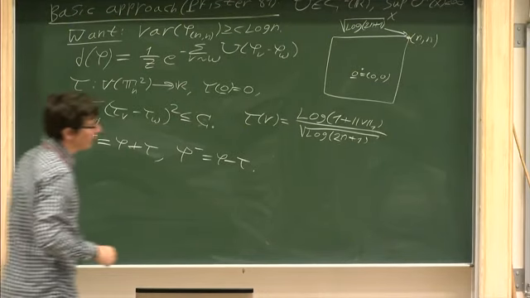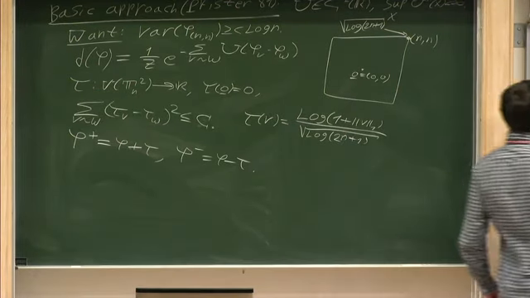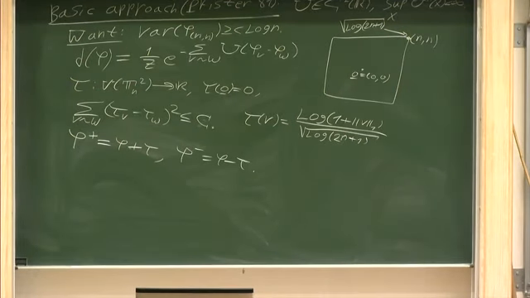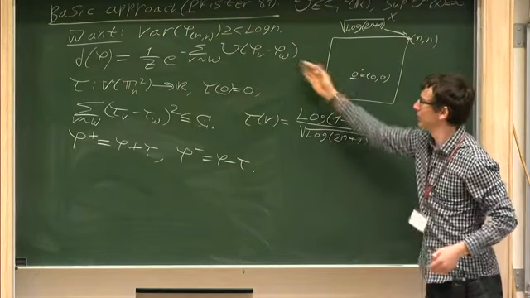I'm going to calculate the geometric average of the density at phi plus and the density at phi minus. Again, I'm emphasizing that I'm not thinking of anything random here. Phi is a fixed function, and I'm calculating the geometric average of these two quantities given by this expression.